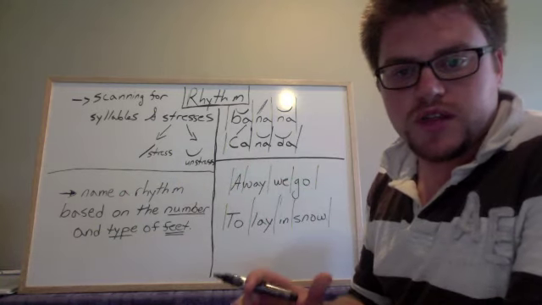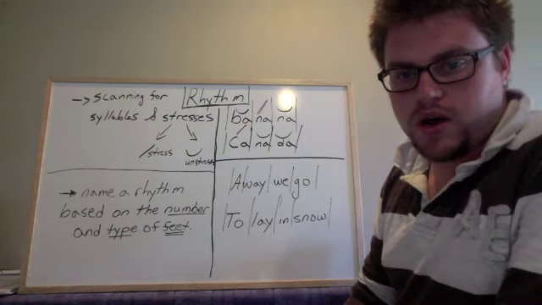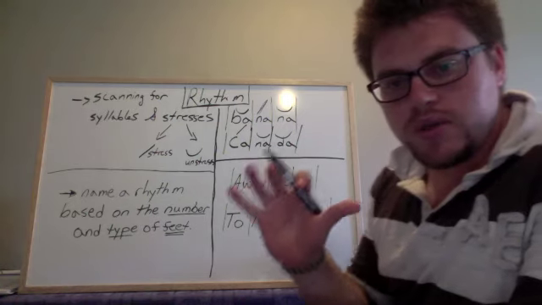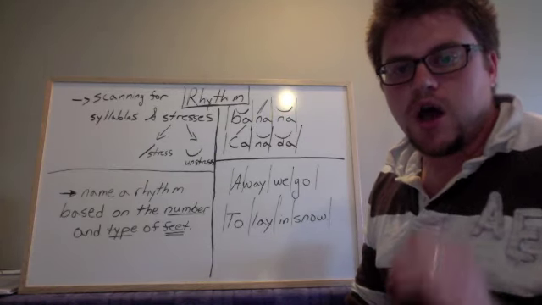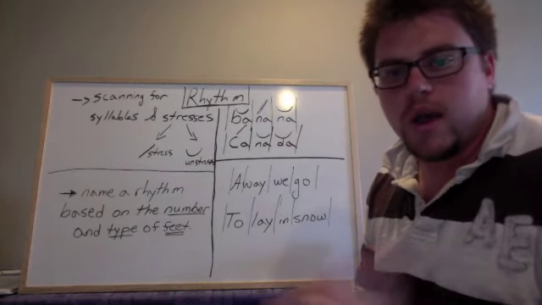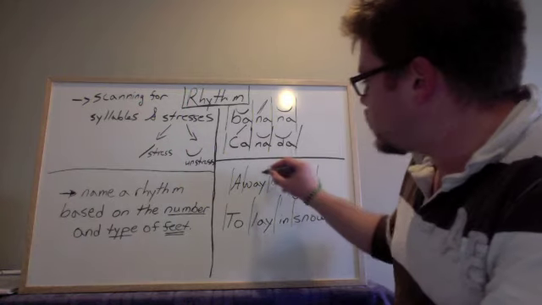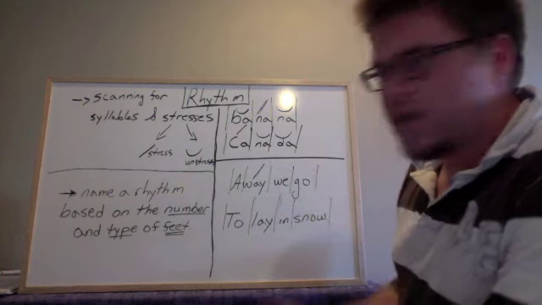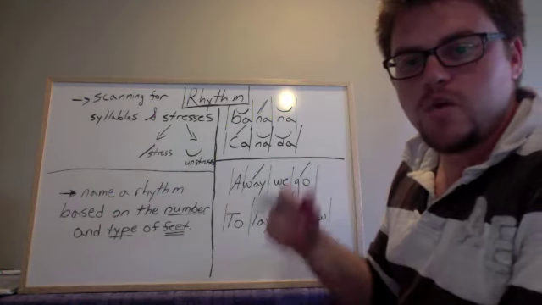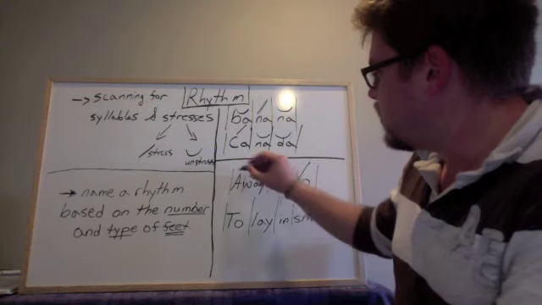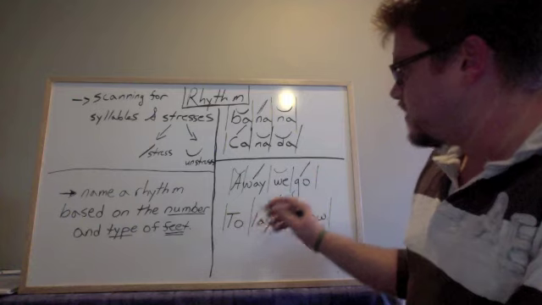If we put a stressed sign on the first syllable here, it would read, A-way we go. And I hope that you can hear that that's not quite right. It's not A-way we go, it's a-WAY we GO. The stressed syllables are on way and go. The other two syllables are unstressed.